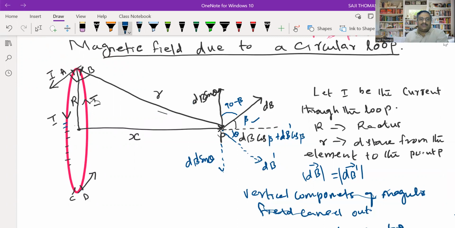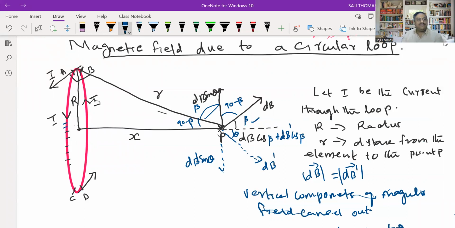This R and this dB are perpendicular, so this angle will be beta, and this will be 90 minus beta.